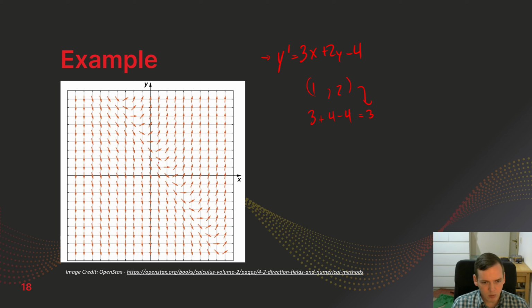So at 1, 2, I must have done something wrong here. This may not actually be the slope field for this expression. Or, I think the axes of these are different. I think these might be by halves or something.